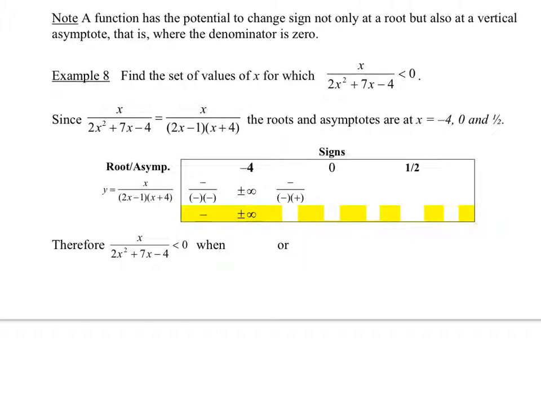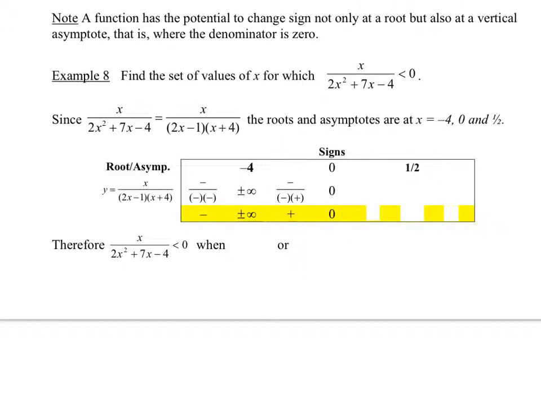A negative times a positive should give you a negative. So it's going to be a negative divided by a negative. That's going to be a positive. And then again, for 0, we're going to get positive or negative infinity.